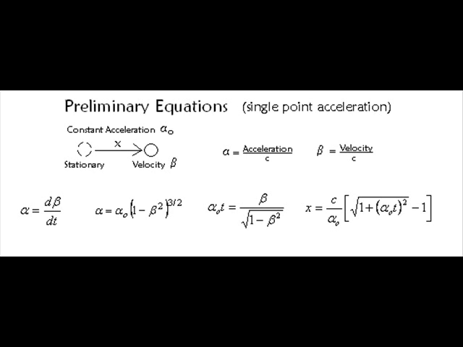These equations for single-point acceleration within relativity theory have been around for many decades, although most modern textbooks do not show them. They are, however, simple calculus and can be derived easily from the usual special relativity principles: length contraction, time dilation, and failure of simultaneity at a distance.